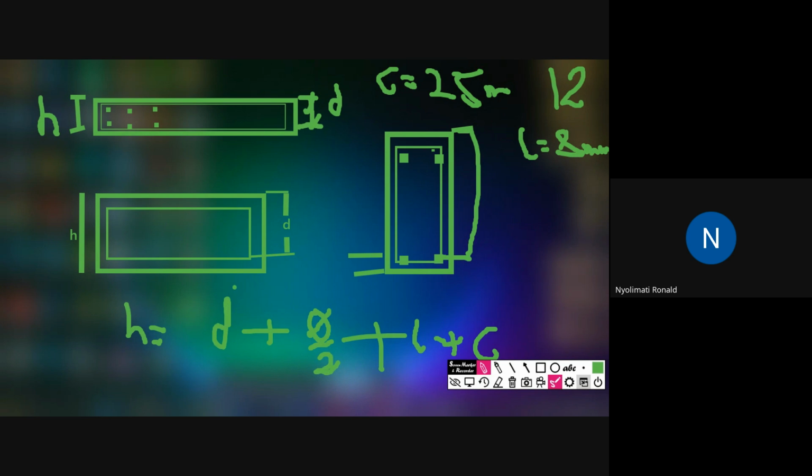We have D, which is 153.8, plus the bar that you're using as reinforcement, which is 12. We need half of it, so 12 divided by 2 is 6. Then plus the link of 8 millimeters, you add 8.